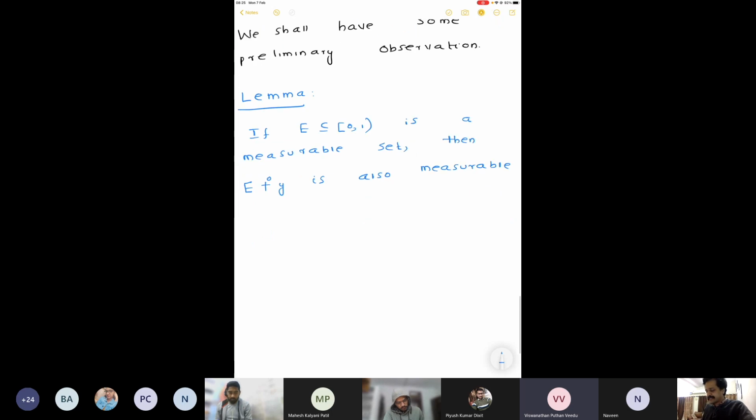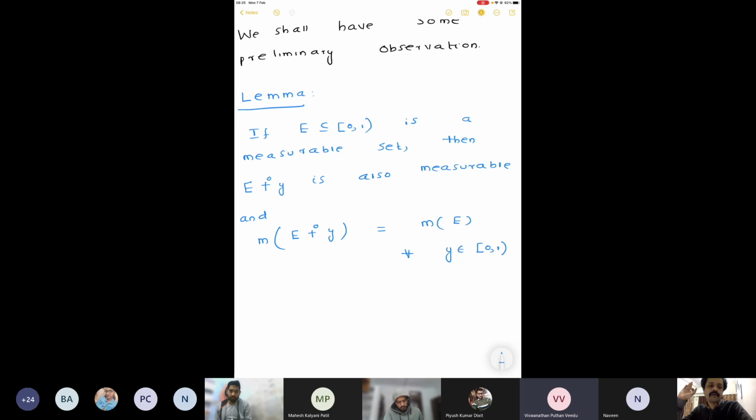Not only that, the measure of the translated set is equal to the measure of the original for every y in [0, 1].